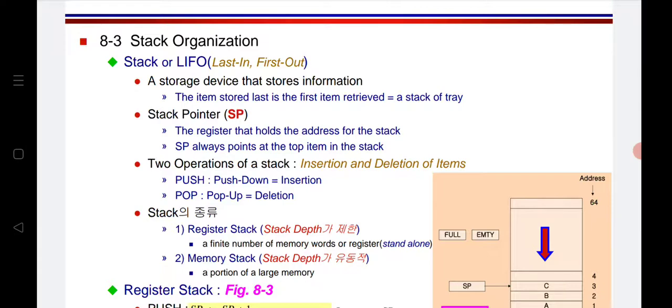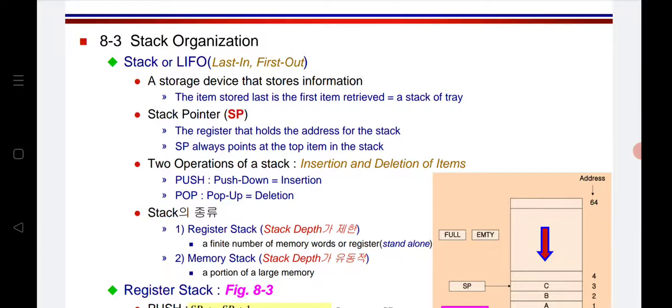That is push down, pop up. Push down means I first push the data into the memory. Pop up means whenever I read the data, the memory locations automatically pop up.